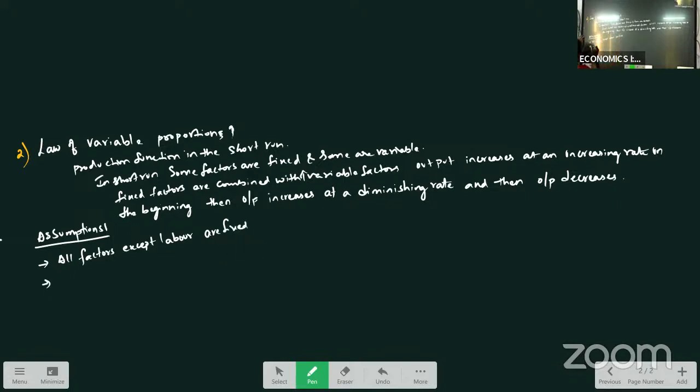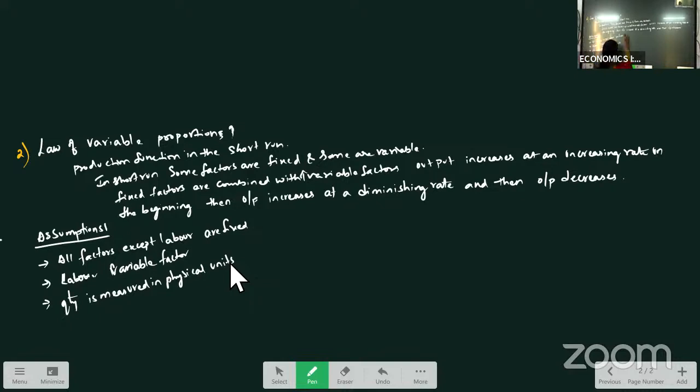And also we assume that labor alone is a variable factor, and the quantity is measured in physical units. These are the assumptions we are making. Technology remains constant. Land will be constant. You can write those points here.